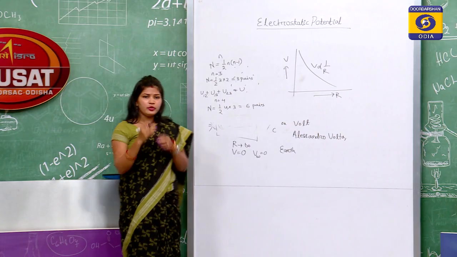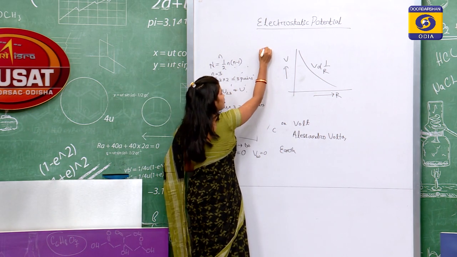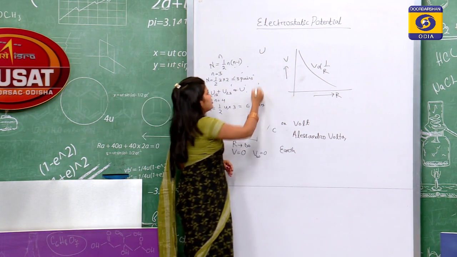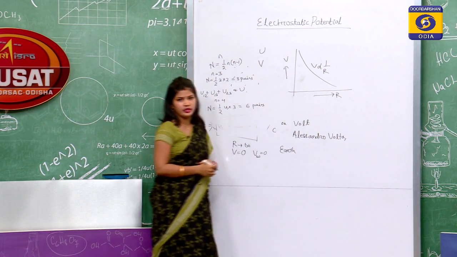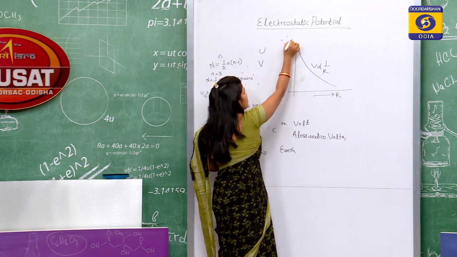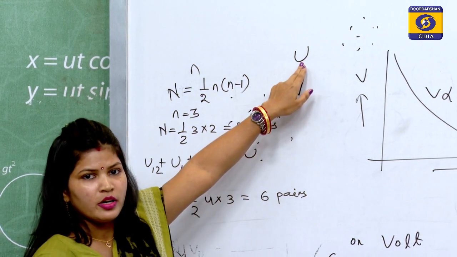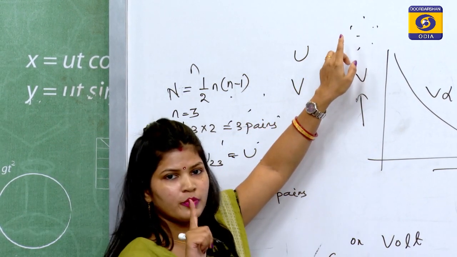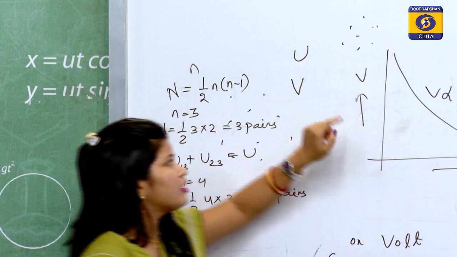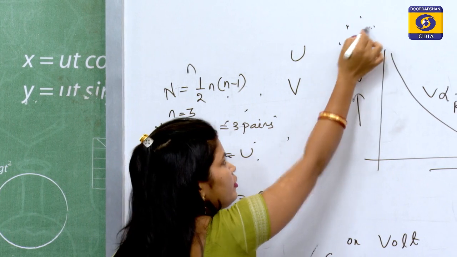So, students, never confuse between the electric potential energy U and the electric potential V, because suppose you have a collection of charges, then the electric potential energy U has only one value and this belongs to the system, but electric potential is different from place to place.